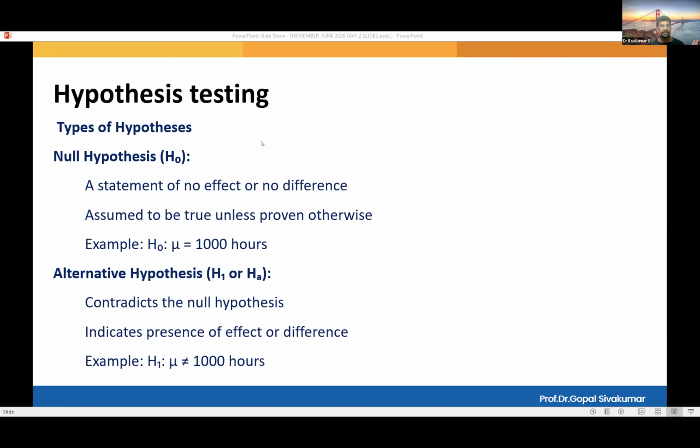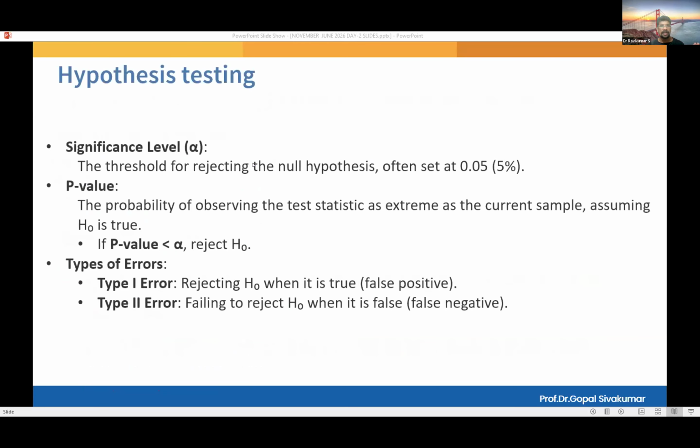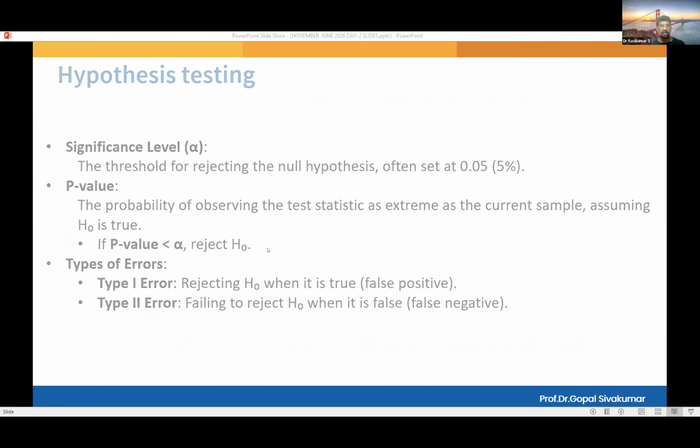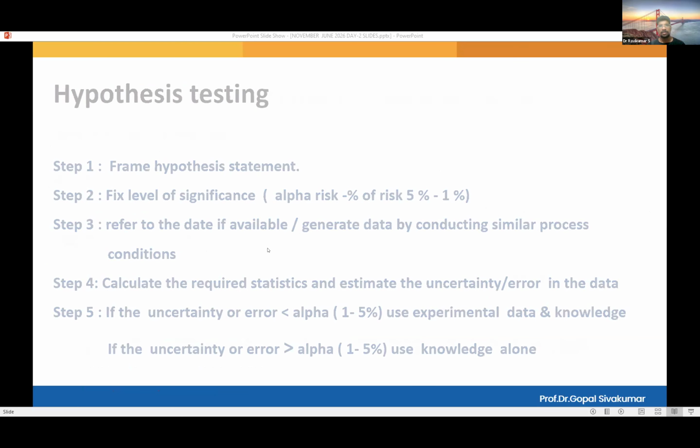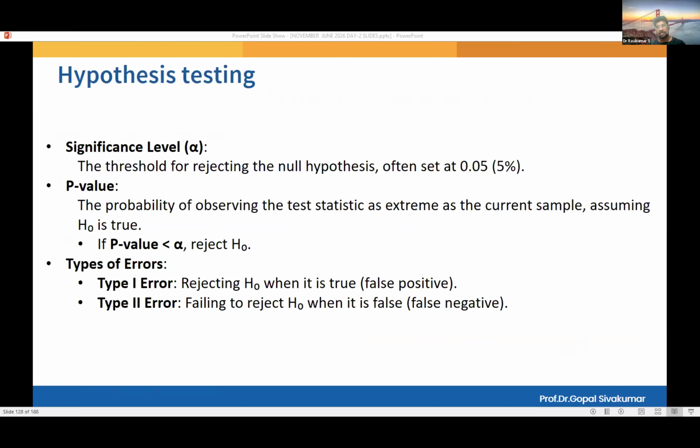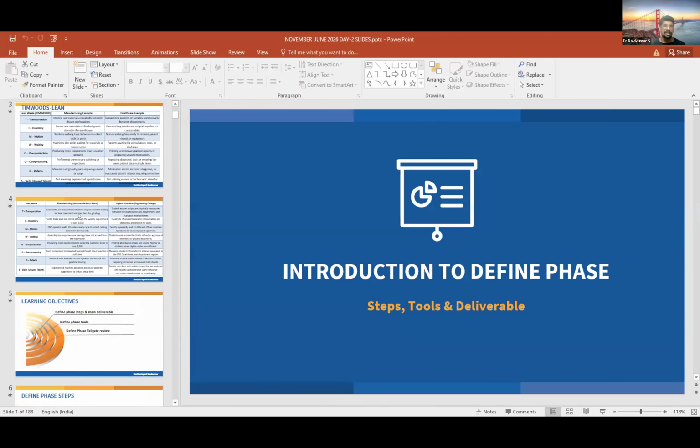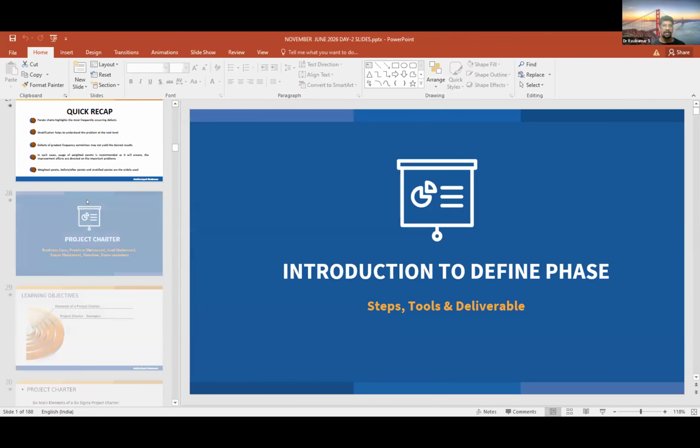Okay, then where is my example? Just a moment, every time I'm losing this slide. Just hold on.